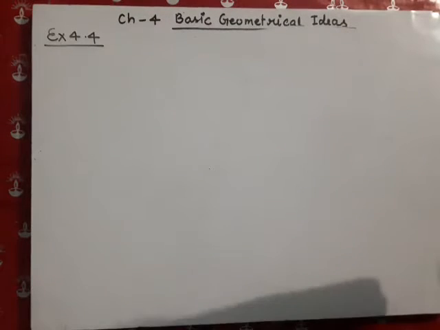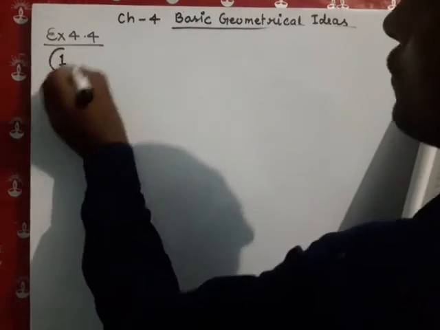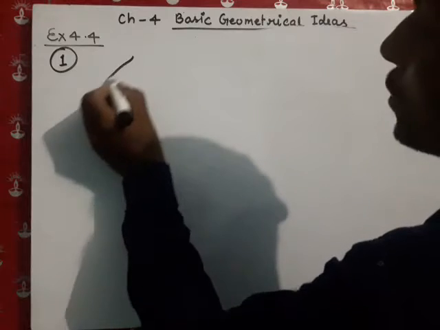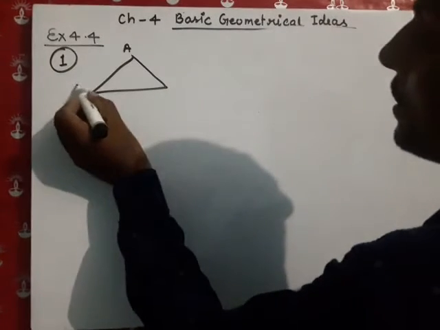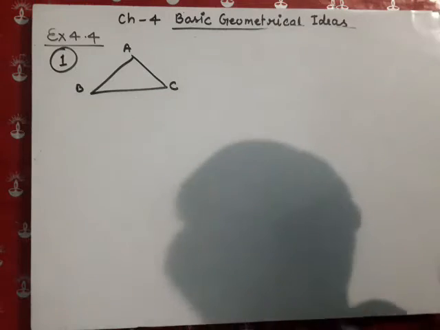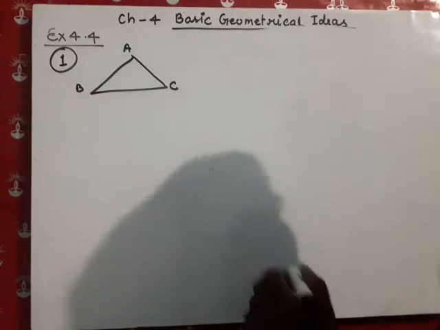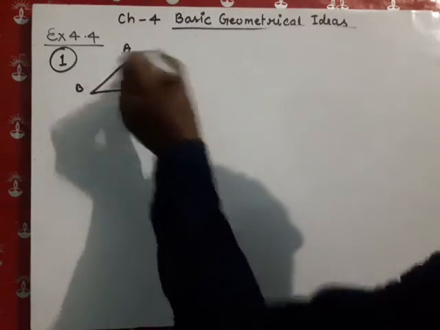Now dear students, I am going to exercise 4.4 and the first question is given. The first question says draw a rough sketch of a triangle ABC. So here I am going to draw a rough sketch of triangle ABC. You can draw a triangle in any manner. Now the question says mark a point P in its interior. So we take any point P inside this triangle.